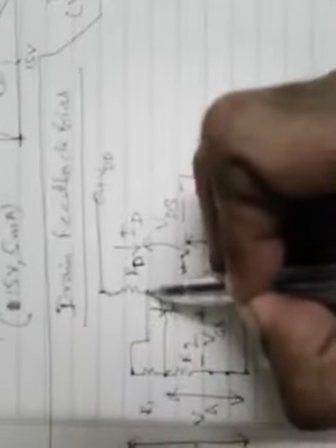So you can see what modification has been made to the normal potential divider biasing circuit. You can easily understand there is a single modification. In the normal potential divider circuit, this point is actually connected with this line, that is plus VDD.